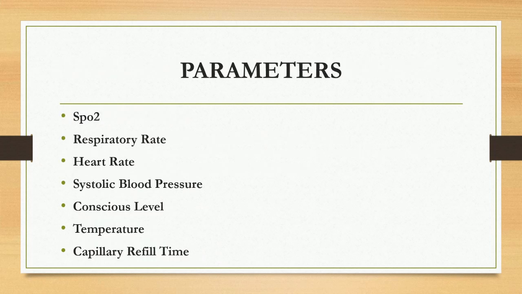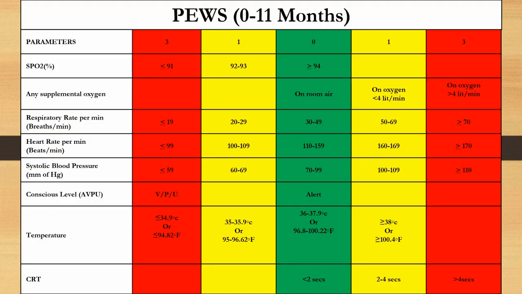The main parameters are oxygen saturation, respiratory rate, heart rate, systolic blood pressure, conscious level, body temperature, and capillary refill time. As I explained earlier, it's been categorized based upon different age groups, and I'm going to explain about 0 to 11 months.